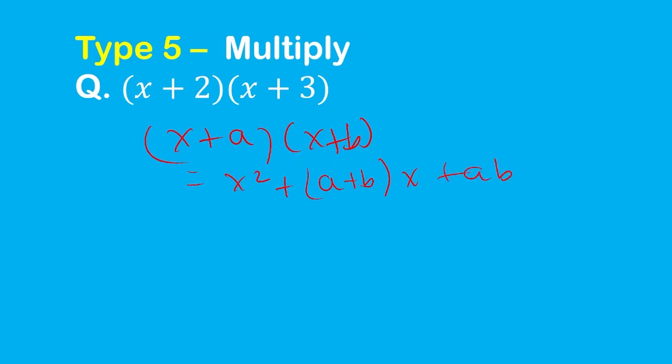Since this video is all about identities, I will use the identity, but you can use distributive property, okay? As long as they have not specified what you have to use, you'll be fine. Now, when you do this, x square will just be x square plus a plus b is 2 plus 3, 2 plus 3 into x, which is 5x, plus ab, which is 2 into 3, that is 6, and there we have it, that's the answer.